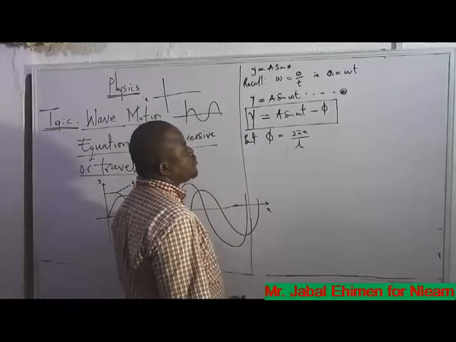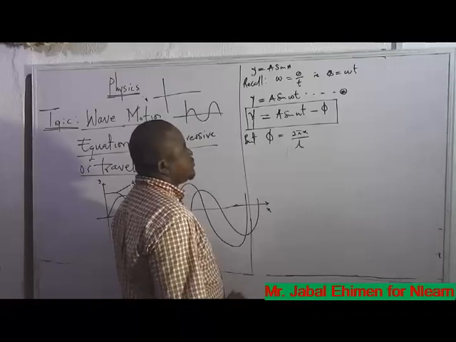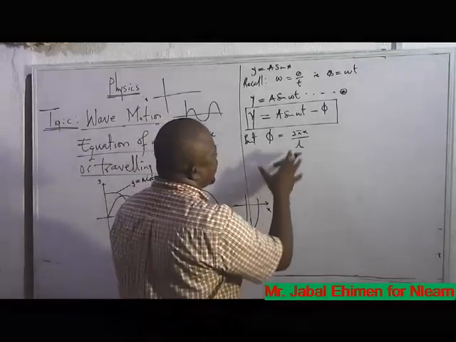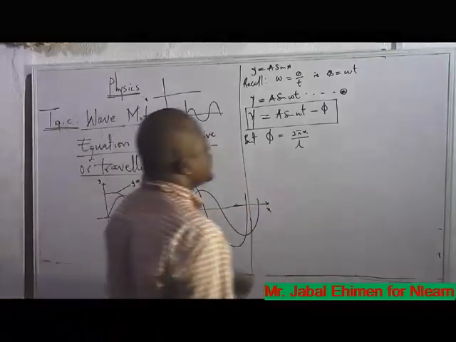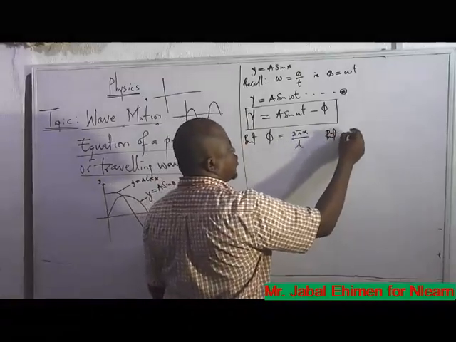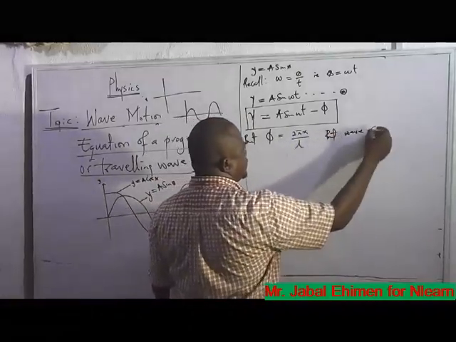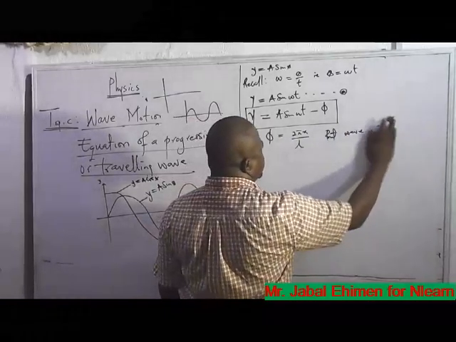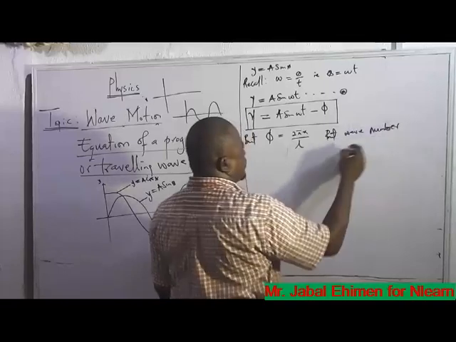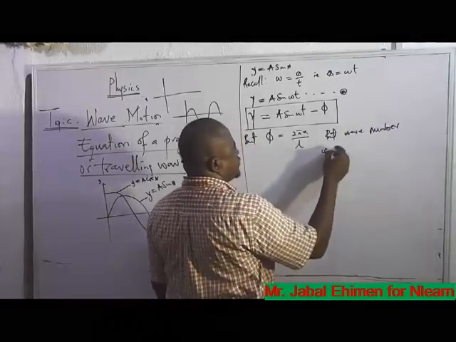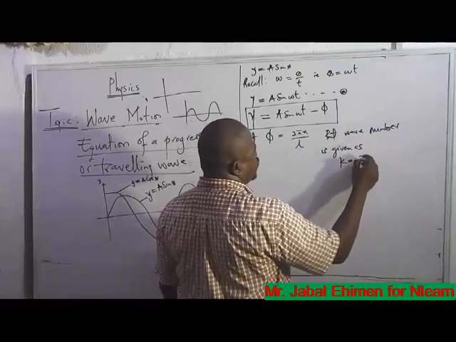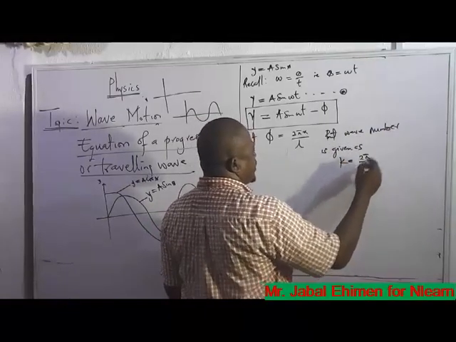So if this is 2 pi x over lambda, which is the wave phase difference, there's something we call wave constant or wave number. Let me use wave number. The wave number is given as k is equals to 2 pi over lambda.